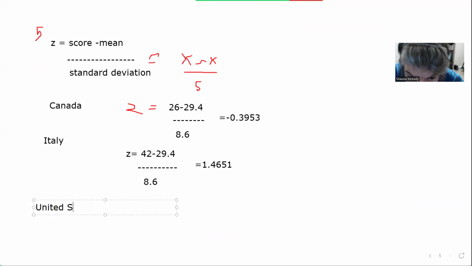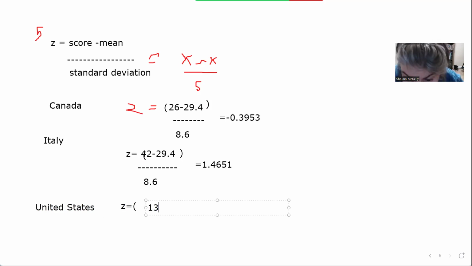So we're going to have in the United States, we have Z is equal to 13. So this is going to be, and I could put parentheses around each of these as I did on the calculator, just to remind you, just to make sure that you maintain the order of operations.